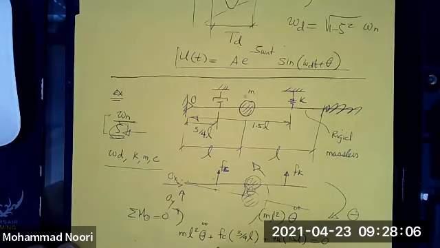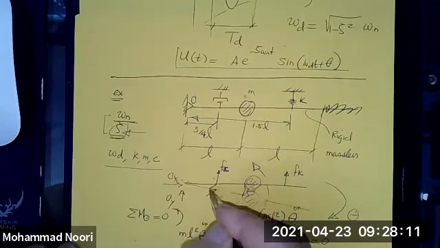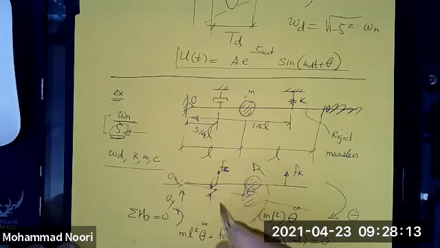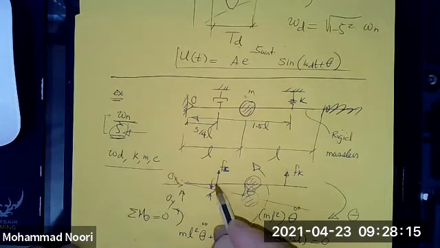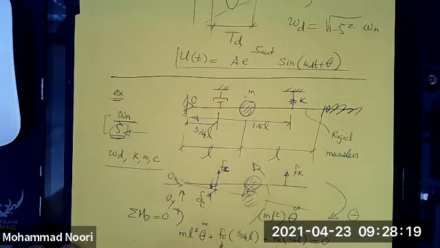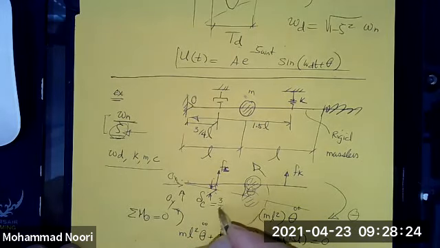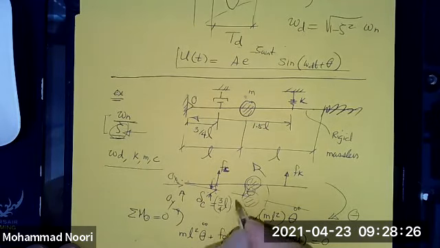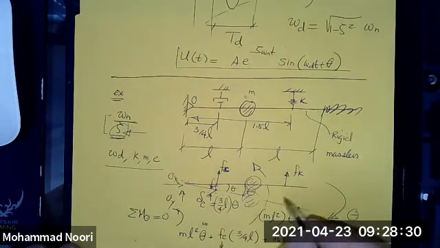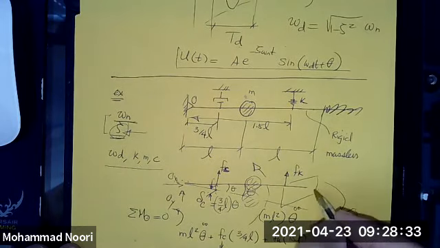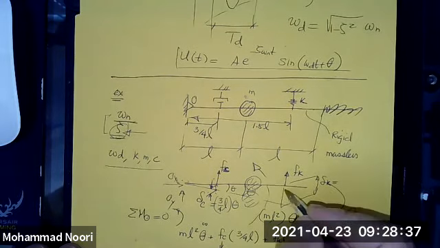F sub c is c times the velocity at this point, which is the time derivative of the displacement. What is this displacement, which let's say is delta c? It would be 3/4 L times theta, right, if the angle is small. How about the displacement here? Delta k would be what?